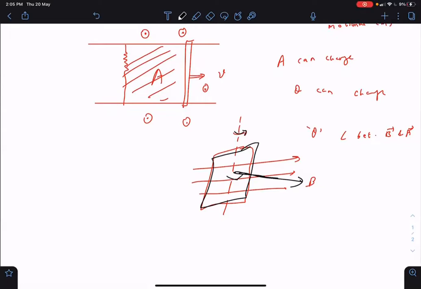Now, why do we call both of these motional EMF? Because the EMF is generated because of the motion of the conducting object. Whether there is a rod translating with a velocity v, or a conducting closed loop which is rotating, in both cases it is the motion of conductors in a constant, non-changing magnetic field which creates the charge separation.